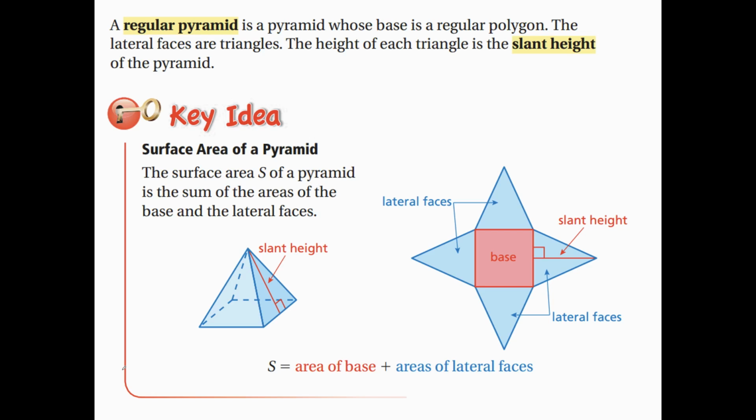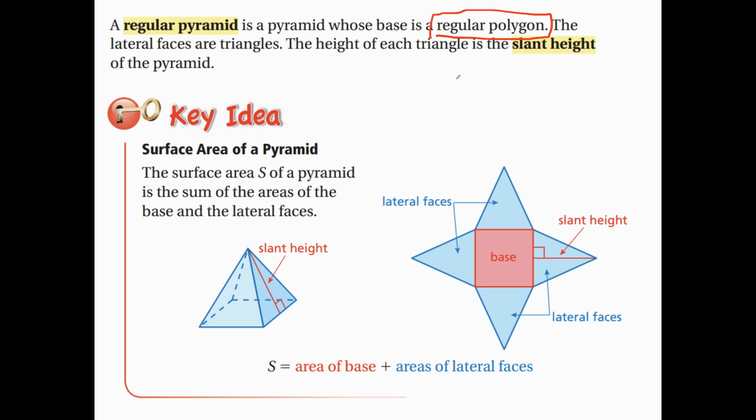So let's get started. A regular pyramid is a pyramid whose base is a regular polygon. What does that mean? A regular polygon is a polygon where all the sides are congruent. So a square is a regular polygon. An equilateral, equiangular triangle is a regular polygon.